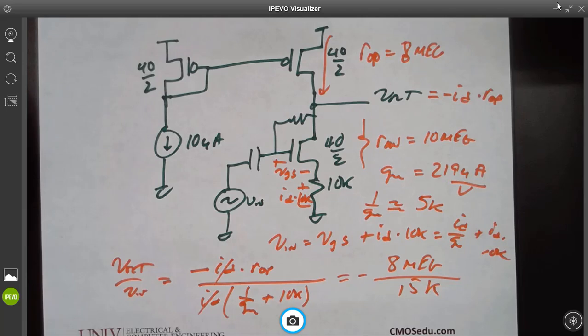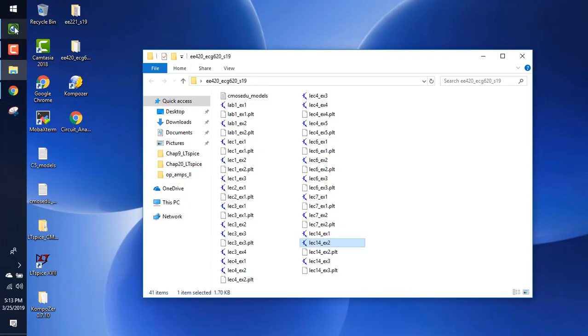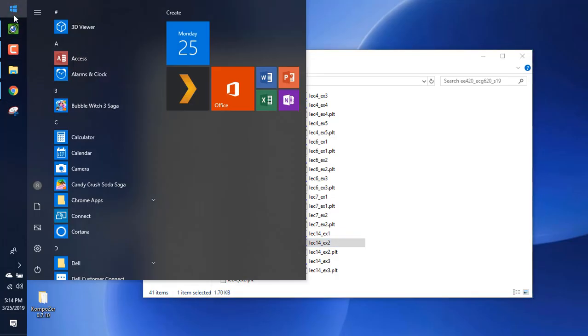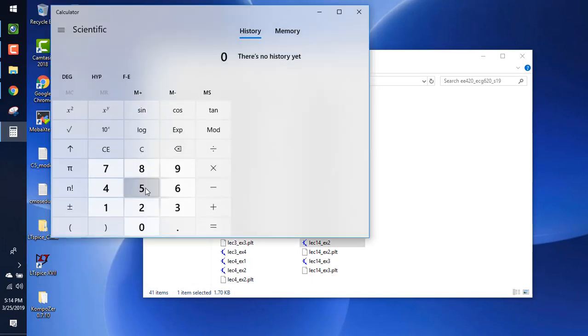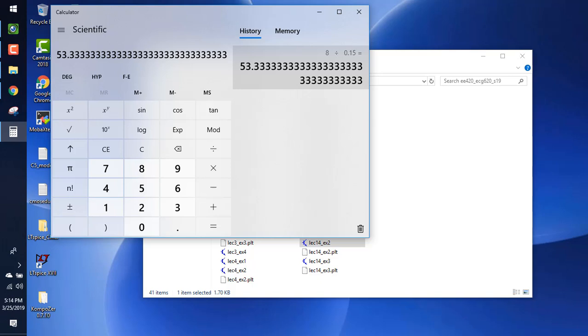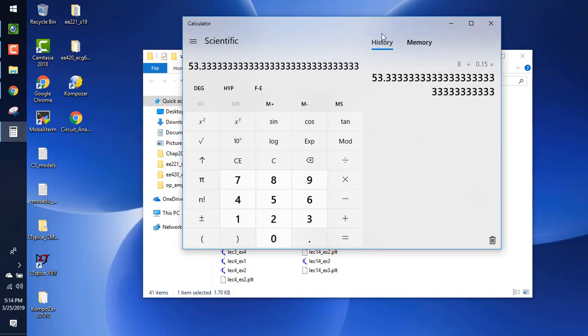So then I'm going to come back and say, all right, well, what's the gain going to be? Get my calculator out here. And then I'm going to put 8 divided by 0.15 equals 53.